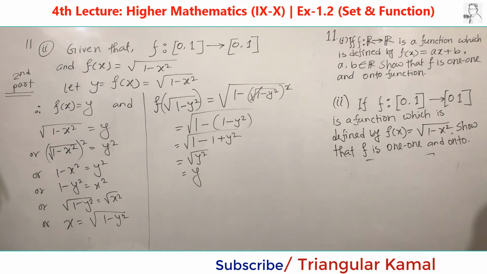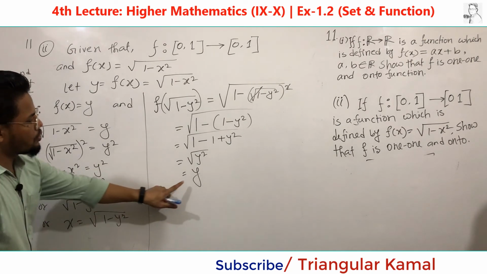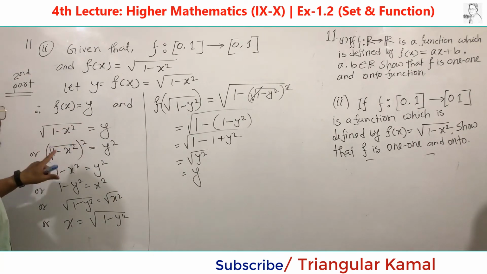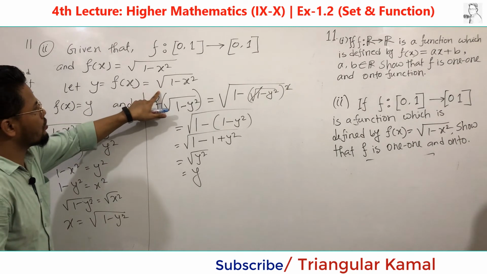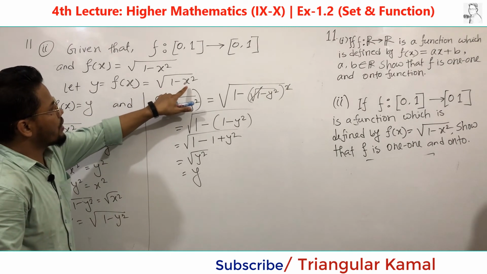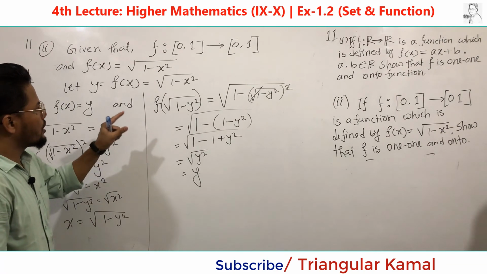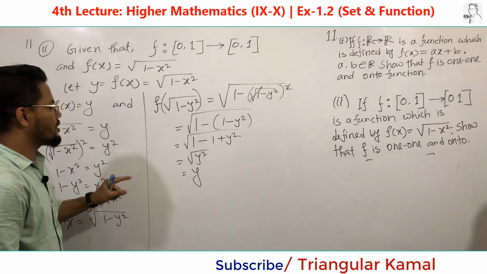So what we see here, just putting the value of x, finally we get the range of the function, which is y equal f(x) equal root over 1 minus x squared. So we can say codomain and range of the function both are the same.